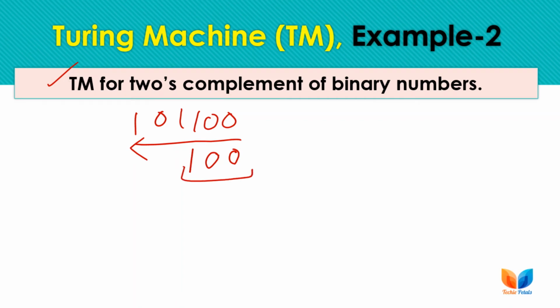So here we are just repeating the same symbols by reading the string from right to left, and after the first 1 we just need to change 1 to 0 and 0 to 1, means after the first 1 we just need to perform the ones complement of the remaining symbols. So here this 1 will be converted to 0, 0 will be converted to 1, and 1 will be converted to 0. We will be following this same approach to find the 2's complement of the given binary number using a Turing machine.